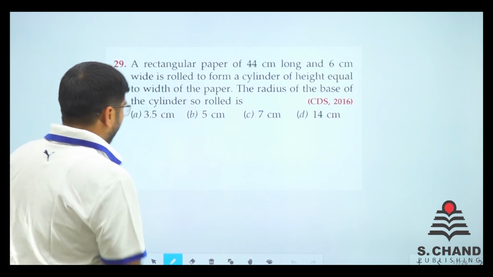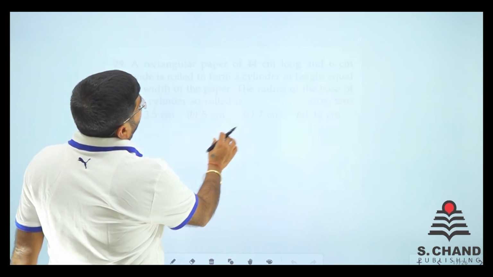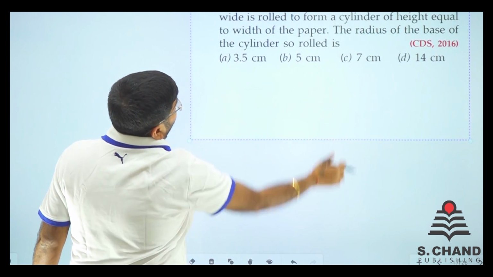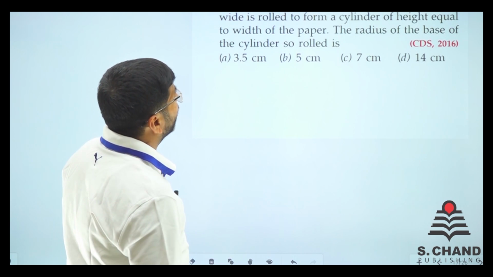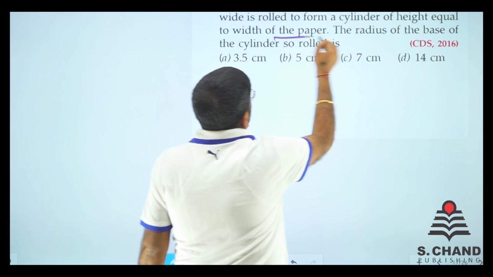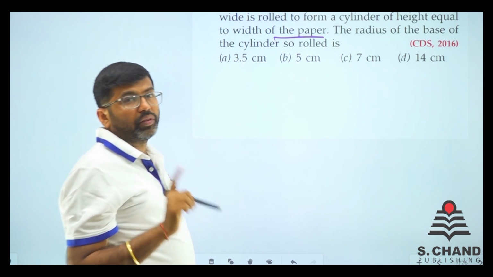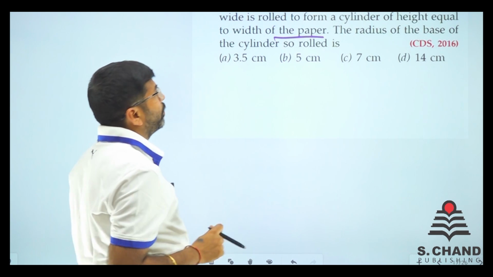The rectangular paper of 44 centimeter long and 6 centimeter wide is to form a cylinder of height equal to the width of the paper. So height is equal to width of the paper, right? What is the radius of the base?